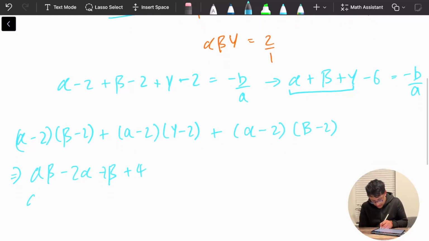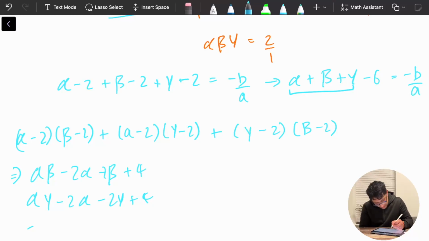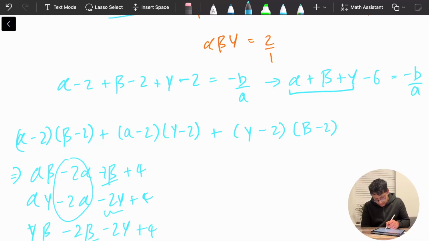Then it's alpha gamma minus 2 alpha minus 2 gamma plus 4, and gamma beta minus 2 beta minus 2 gamma plus 4. So in total we're going to get minus 4 alpha minus 4 beta minus 4 gamma plus 12.